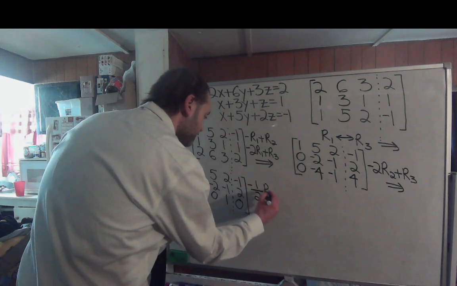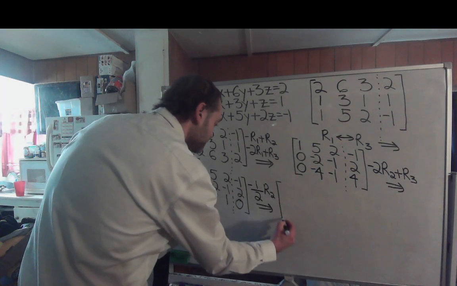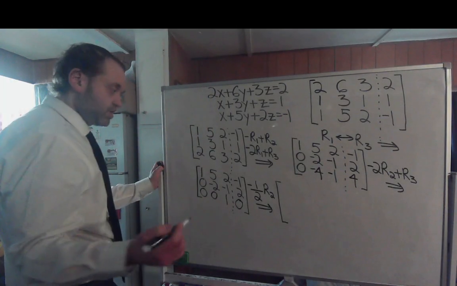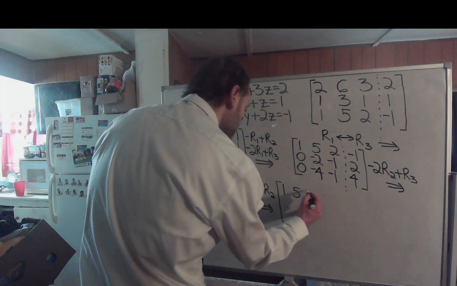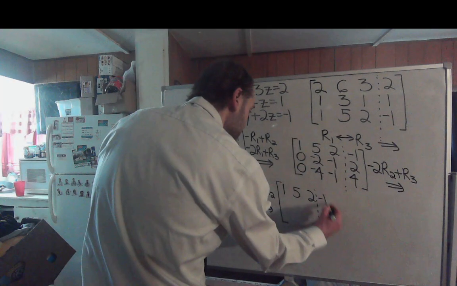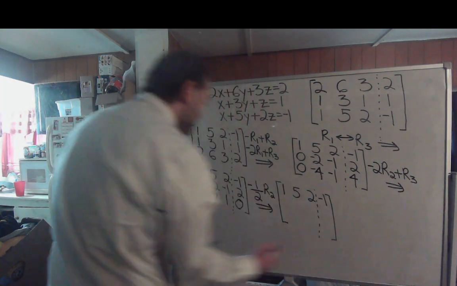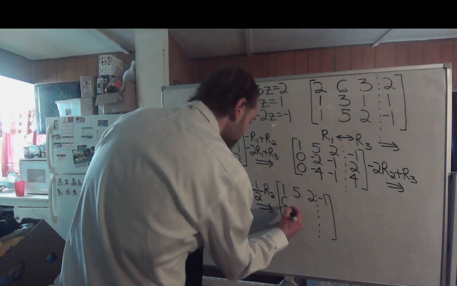Negative 1/2 of row 2, perform that operation, we'll get the final matrix, which should be in row echelon form. So leave the first row alone. That's already row echelon in the first row. Negative 1/2 of row 2, so negative 1/2 times 0 is still 0.